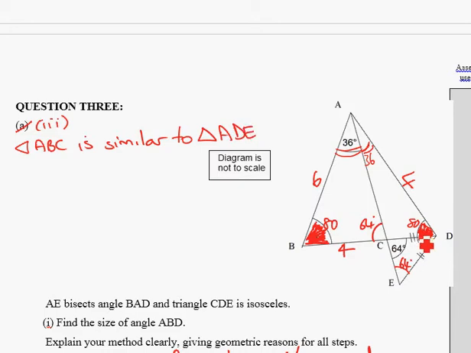Okay, because they have the same angles in them. So now we need to find some corresponding sides. So I can see that side AB goes between the 80 and the 36, which is the same as this side here between the 80 and the 36 on the other triangle. So that means side AB corresponds to side AD. That one corresponds to that one.